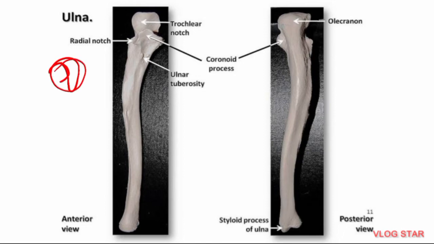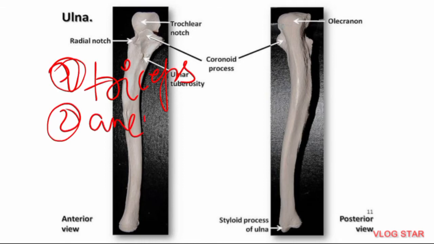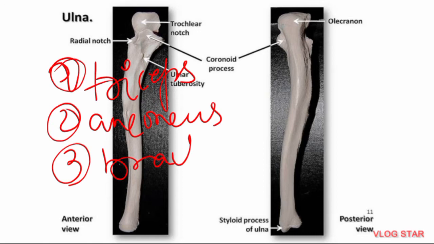Number 1, triceps. Number 2, anconeus, and number 3, brachialis.